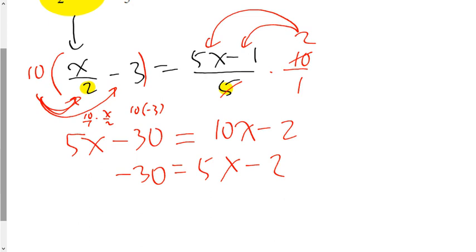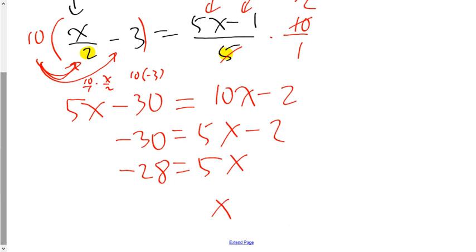If you add 2 to both sides, you get that. And if you divide both sides by 5, you get this, which is equal to -5 and 3/5.